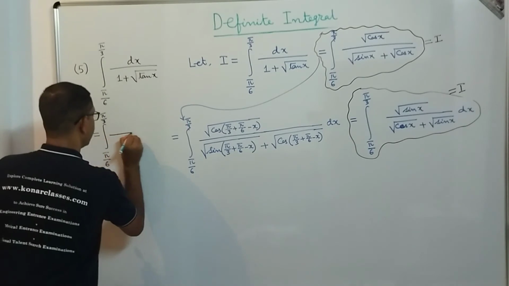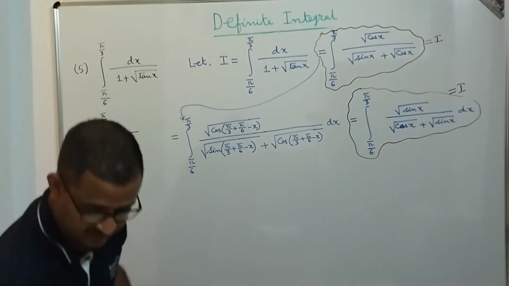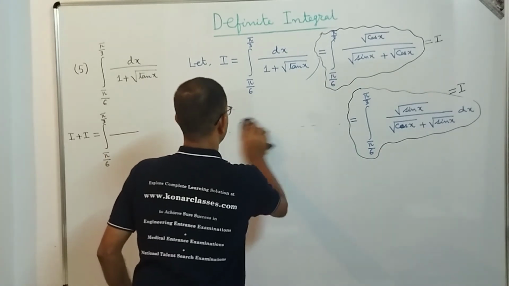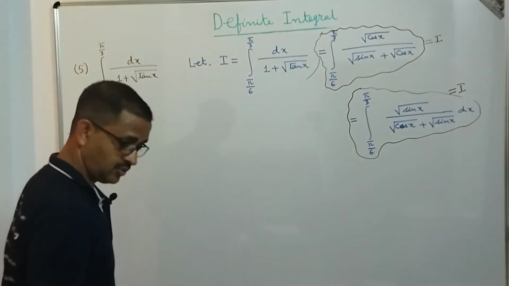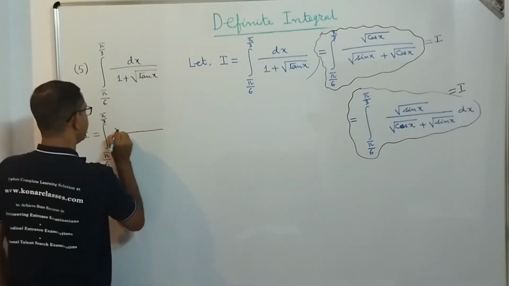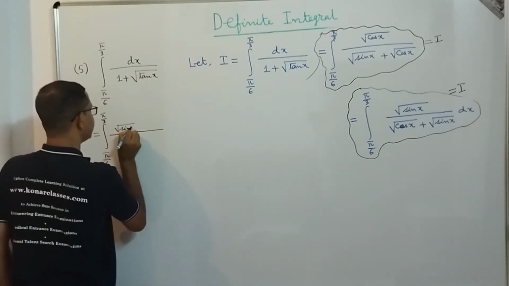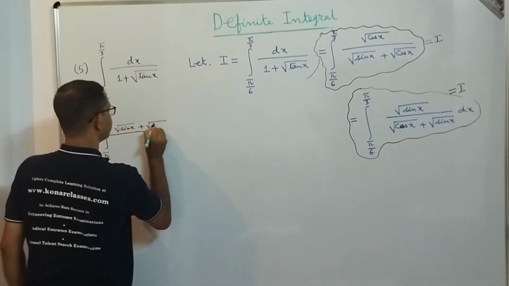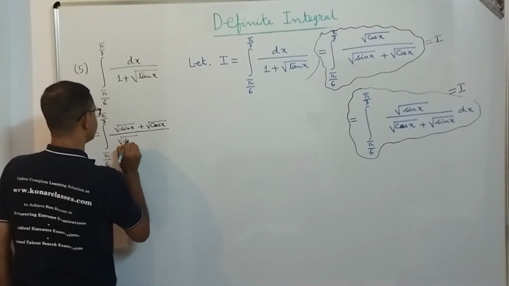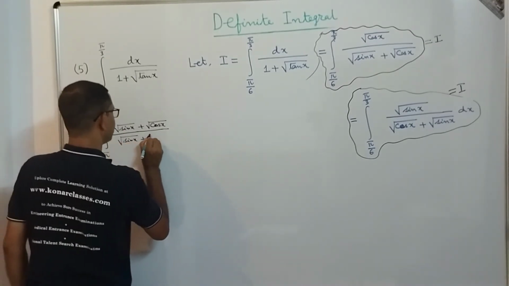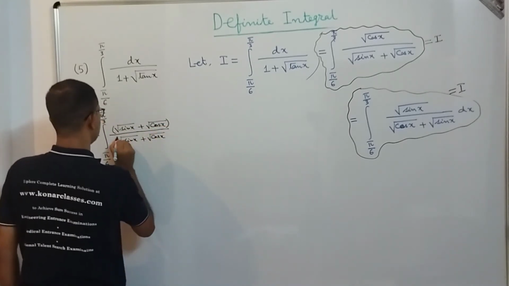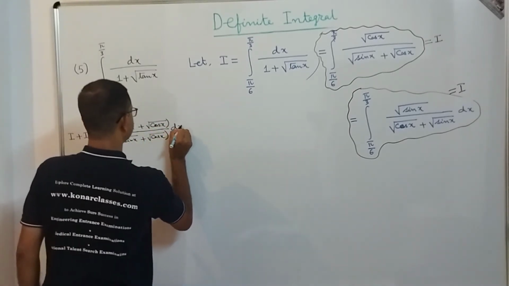So in the numerator we get square root of sin x plus square root of cos x divided by square root of sin x plus square root of cos x, complete dx.